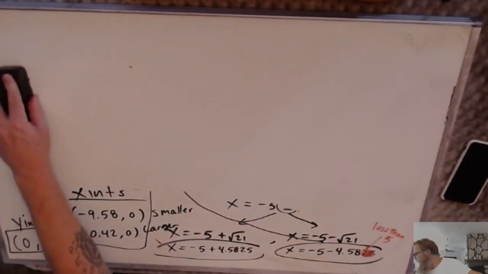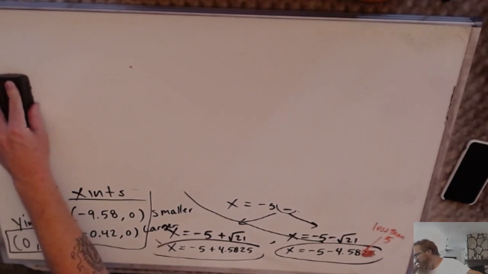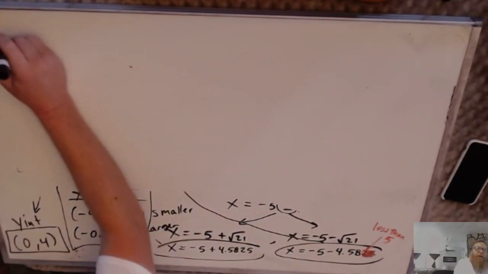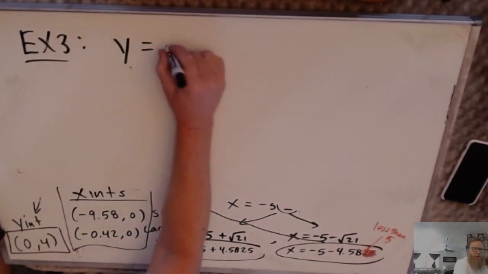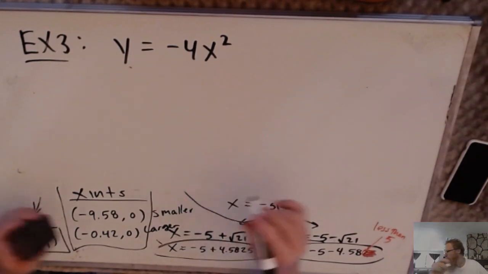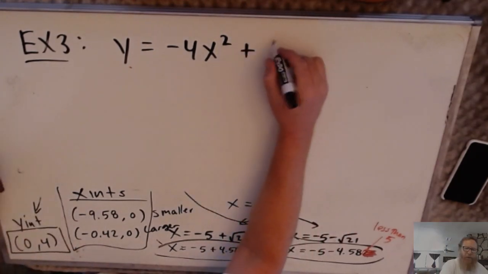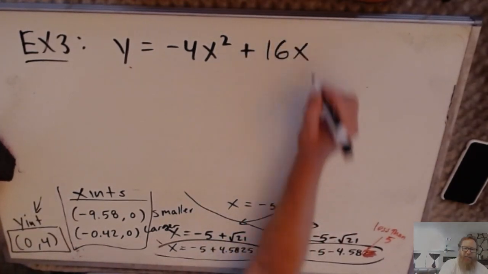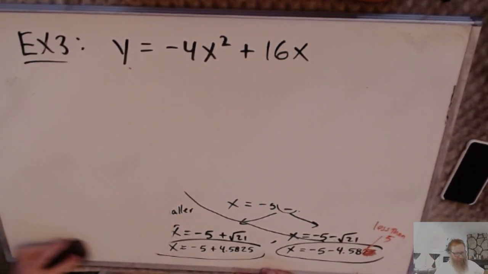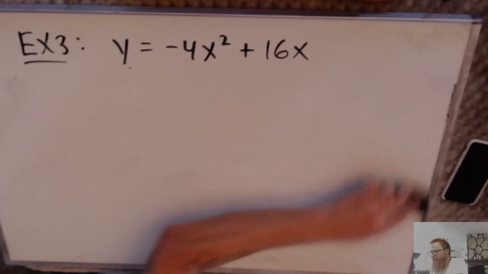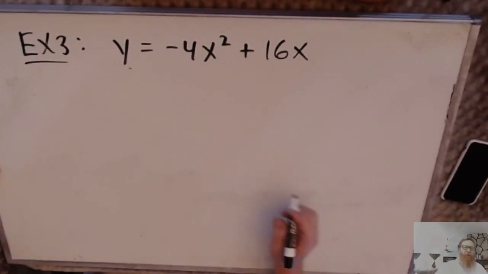All right, let's try another one. Example 3. Y equals negative 4x squared plus 16x. Why don't we go a little bit farther with this one?